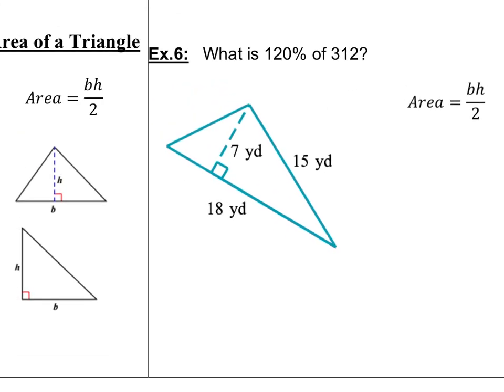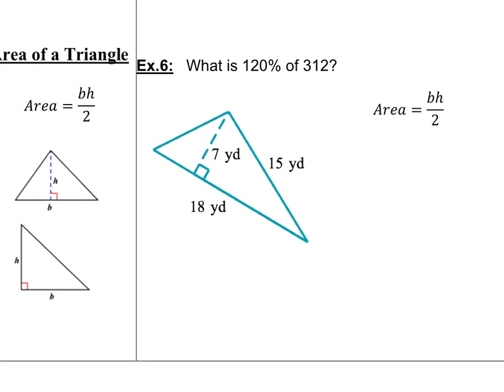Remember that for a triangle, this is our height, because it's based off of how tall the triangle is. The two things that are always adjacent are the height and the base. The area of a triangle is the base times the height divided by 2.